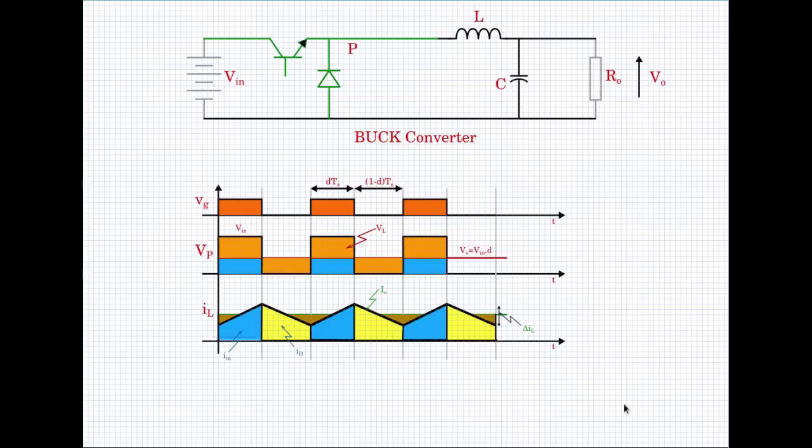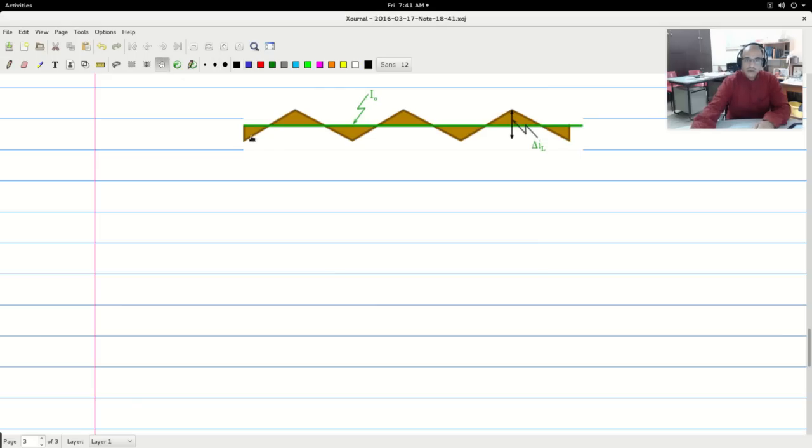Now these are the critical waveforms that you have to be clear about, and when you do the simulation you should actually try to observe these effects in the simulation and see that this is what you are getting. This waveform is the waveform of the capacitor current which flows through the capacitor.